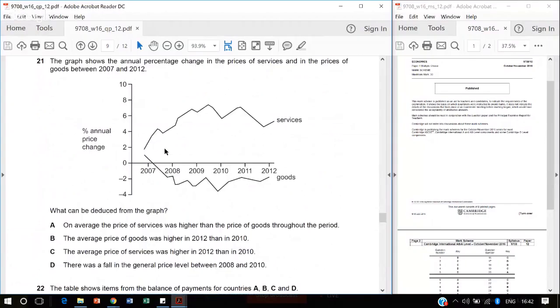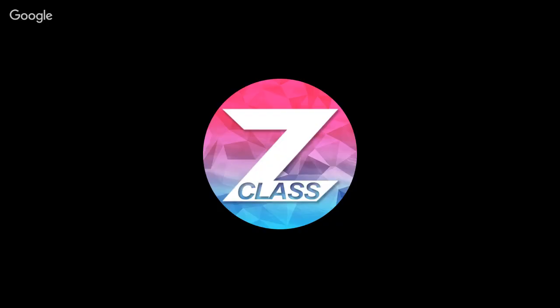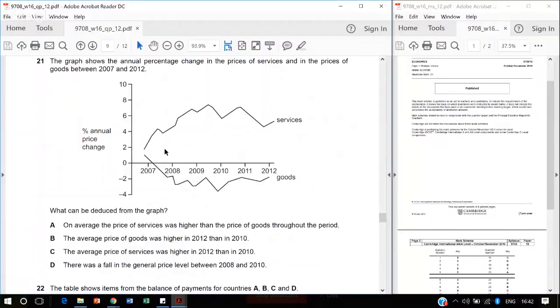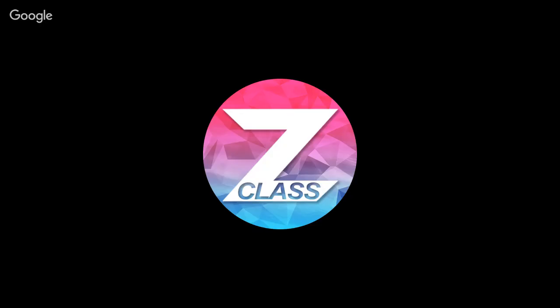The graph shows the annual percentage change in the prices of services and in the prices of goods between 2007 and 2012. Okay. I did see the average price of services was higher in 2012 than 2010. How do you know this? Average price, that's one, and it says annual price change, and the rest is like generalizations and assumptions.